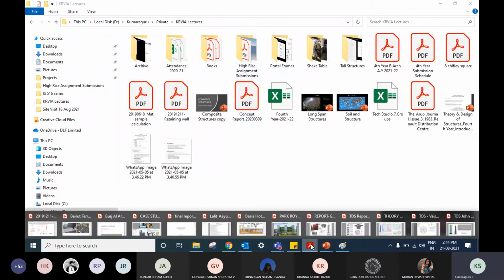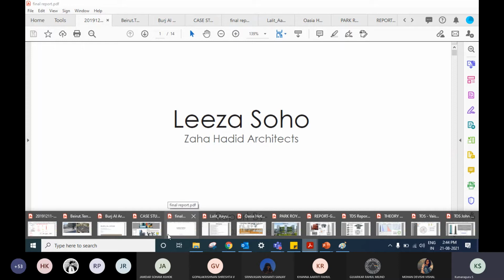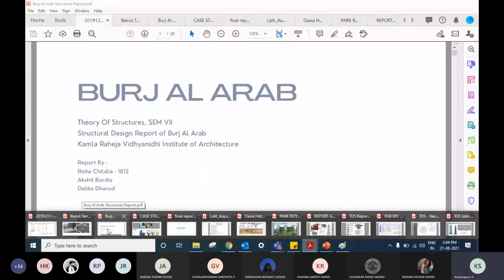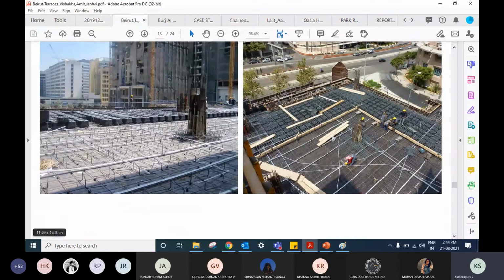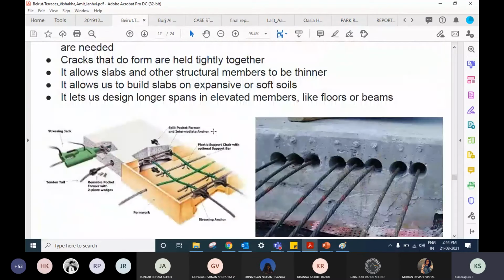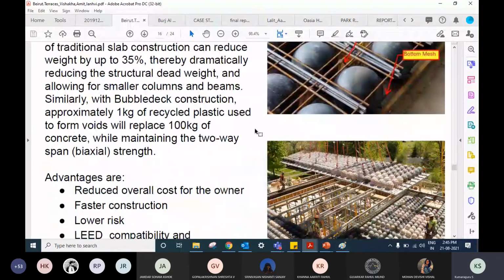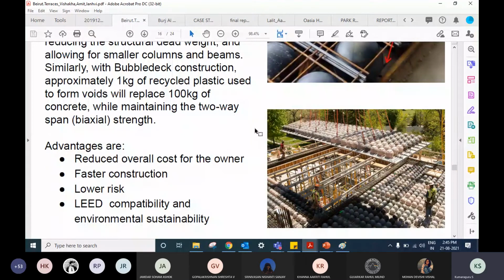So one thing is, overall, every group has put in a lot of effort in creating this. I suppose it's not only for the theory of structures class, because it comes from the studio that you are attending, and some of you have well expanded the structural part of the building in your case study, and some of you have not put so much effort into explaining the structural aspects of the building.